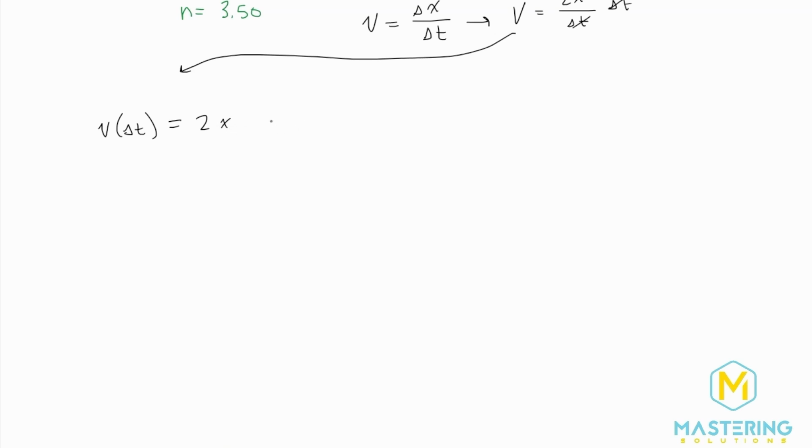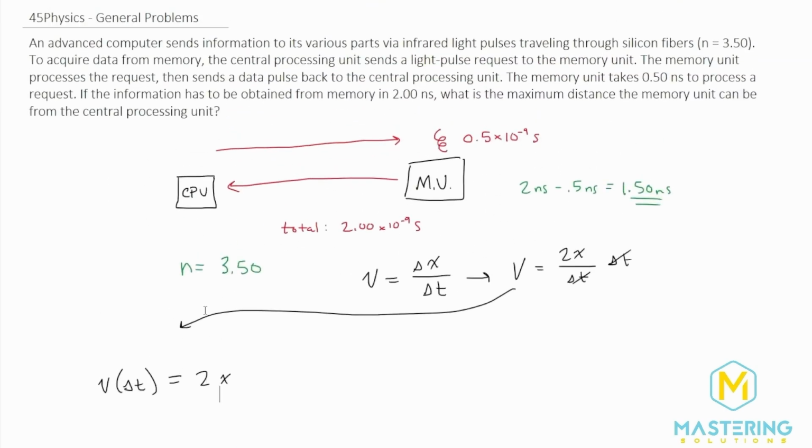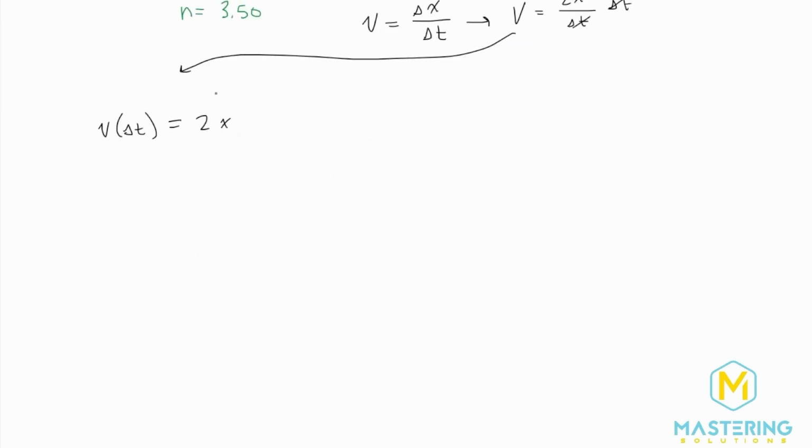So we're saying 2 times x, and one of these is x. Now let's divide both sides of the equation by 2. So our equation is the distance x is equal to the velocity times the change in time, divided by 2.